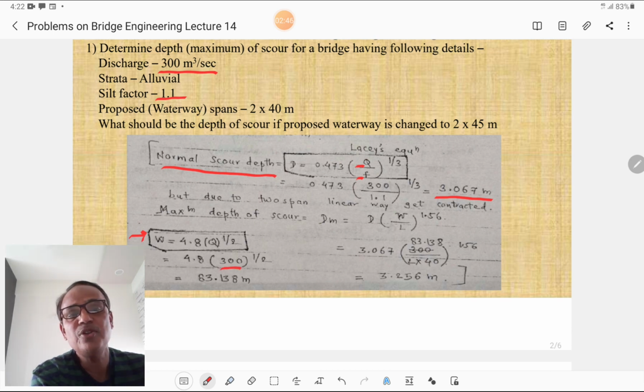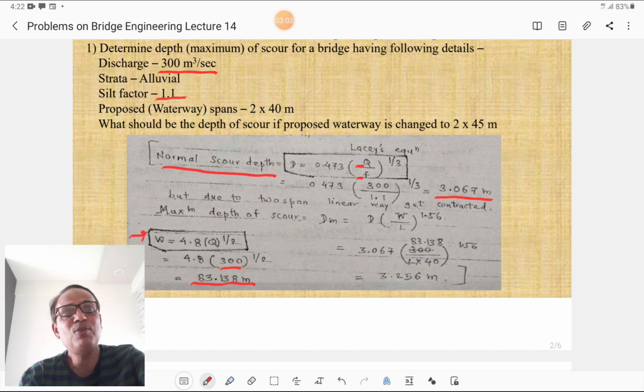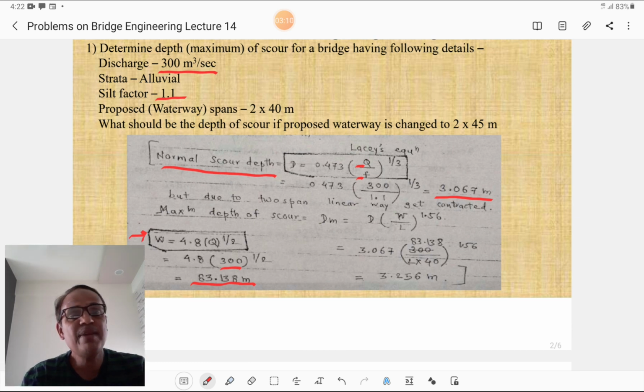So W is equal to 83.138 meter. So this is the two span bridge, and the linear waterway gets contracted because 2 into 40 means 80 meter, and W is 83.138 meter. So in the two span bridge, the water may get contracted.